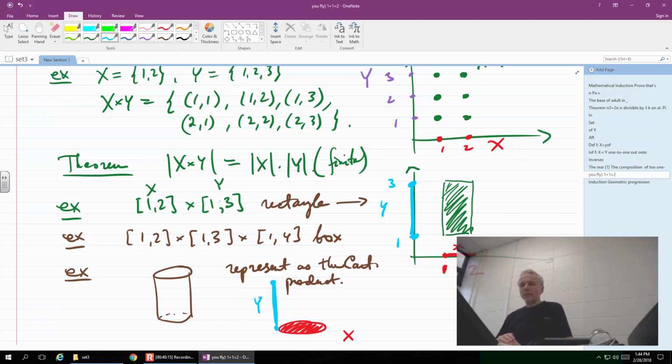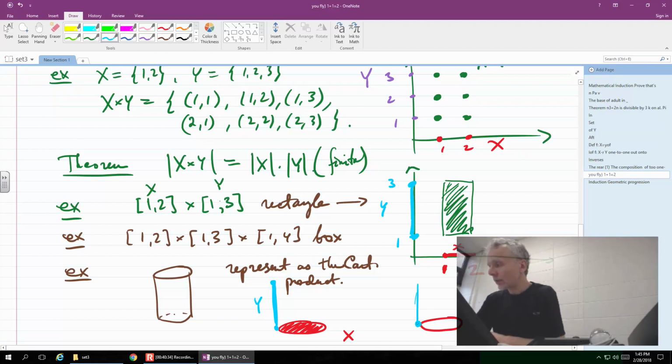Okay, if I want a hollow cylinder, what do I do? Take the circumference. Right. So replace disk with what we usually call the circle, the one that does not have the stuff inside. So that's another way. So you can just build so many different things.